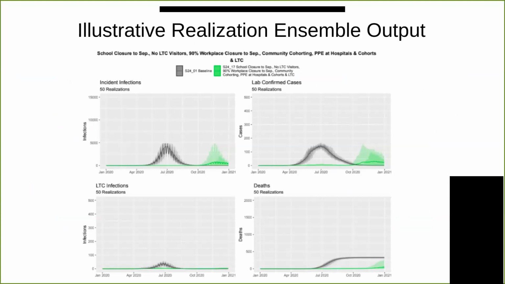As is typical for agent-based models, we run this model on ensembles of realizations, which give us a sense not only of one expected model outcome, but of whole combinations of different possibilities.